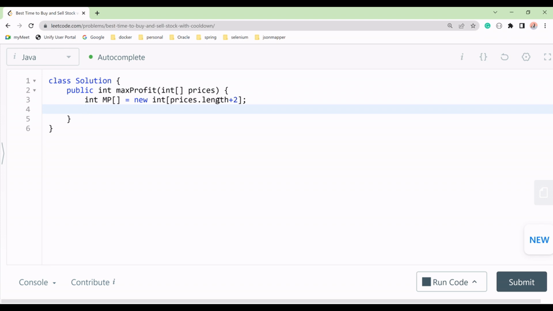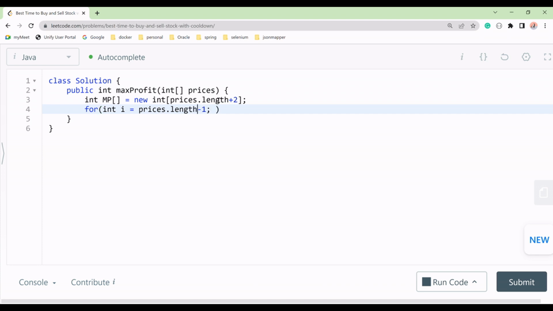And then we'll start with the loop, right? And the loop is what? We will take the loop from the last position. So int i equal to prices dot length minus 1, and then we'll align this properly.